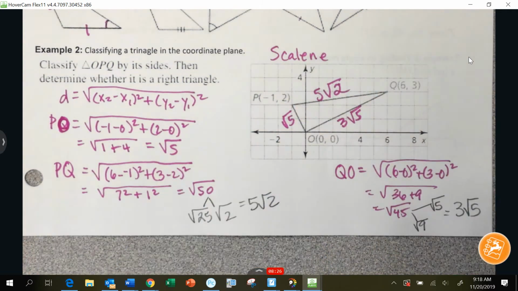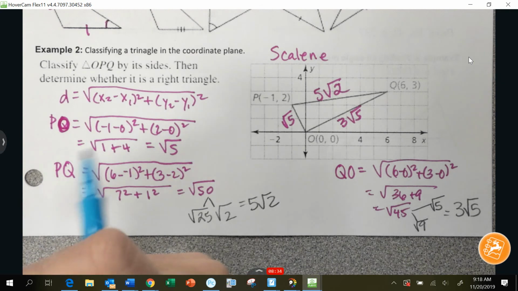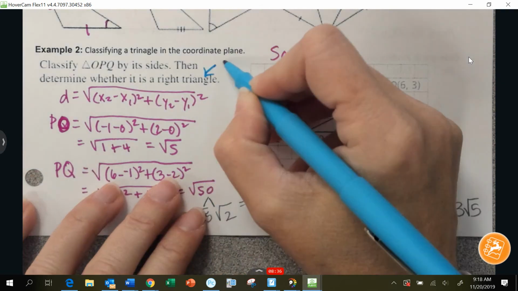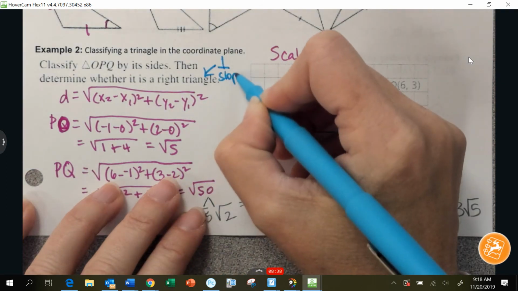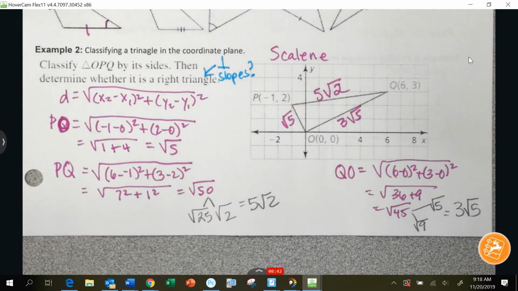So the second part says, do we have a right triangle? To determine if we have a right triangle, we need to look at the slopes and see if any are perpendicular. I'm doing the slopes in a different color so you can see that it's different than the first thing we did.